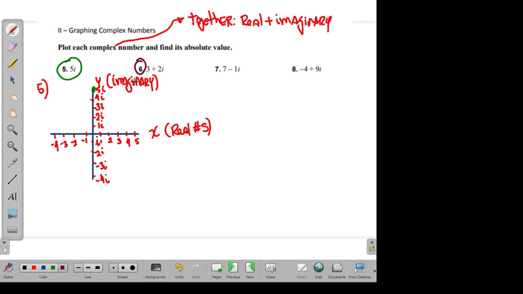Number 6 says 3 plus 2i. So I'm going to go to 3 and then I'm going to go to 2i. 3, 2i. Right? Now, the only problem is that it looks like you have to make a line to it, and then you make an arrow. That's 3 plus 2i.